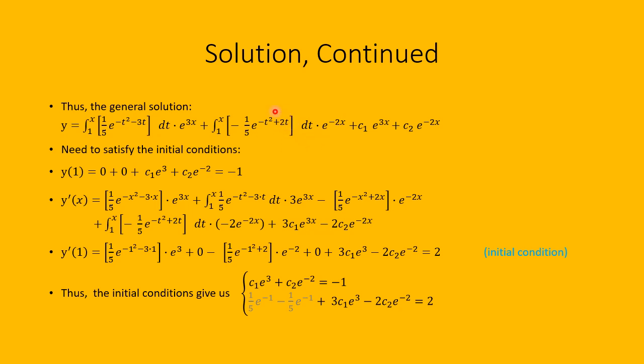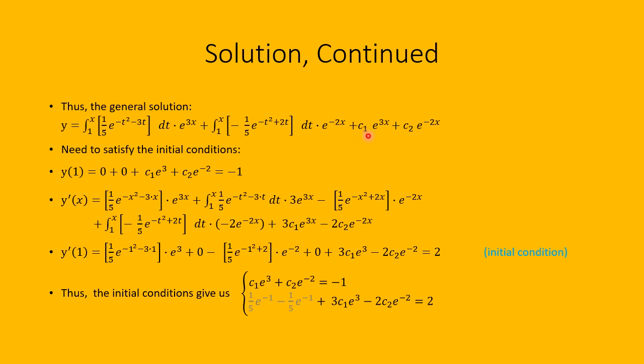We'll have the derivative of this integral, which is just 1/2 e to the minus x squared plus 2x times this factor, e to the minus 2x, plus this factor, which is that integral, times the derivative of e to the minus 2x, which is minus 2e to the minus 2x.